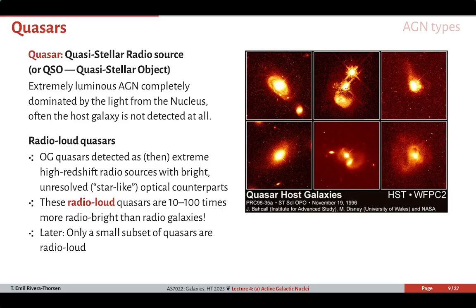Quasar means quasi-stellar, or star-like. Originally they were discovered as very bright radio sources, and once they were observed in follow-up observations in optical wavelengths, they just looked like stars. They were point sources. We could not even see the host galaxies.